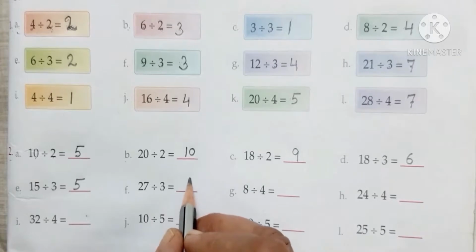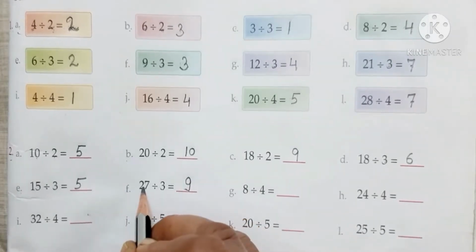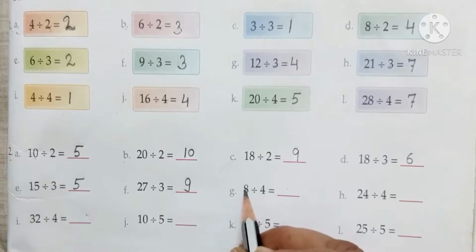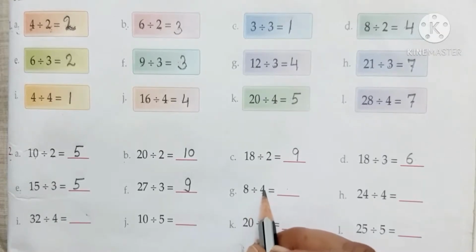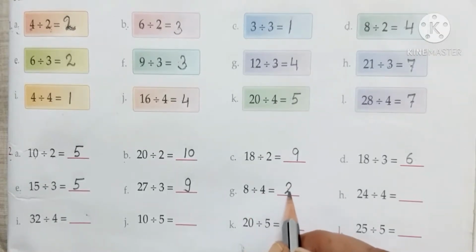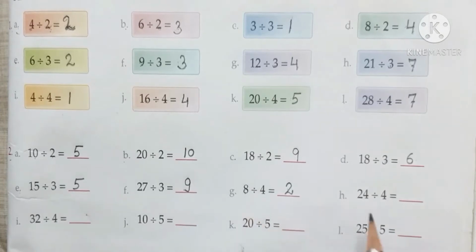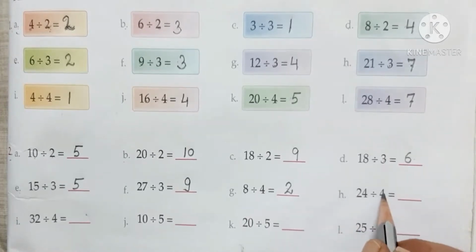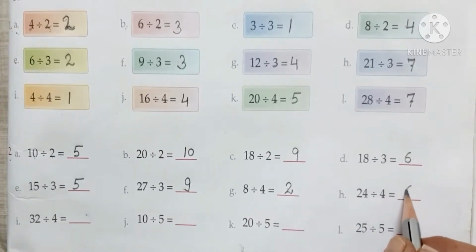27 divided by 3. 3 9s are 27. 8 divided by 4. 4 2s are 8. 24 divided by 4. 4 6s are 24.